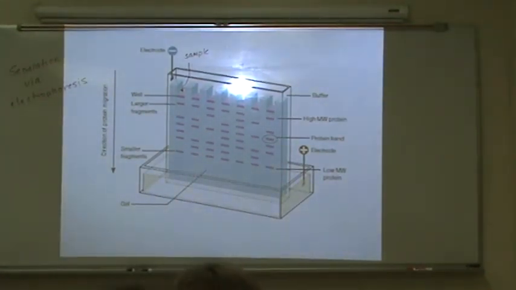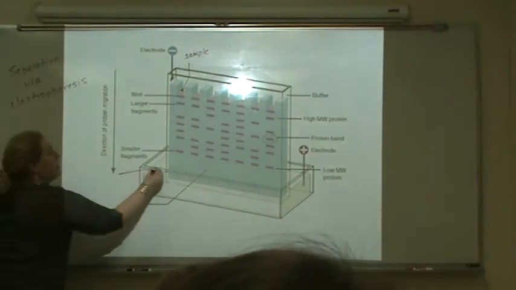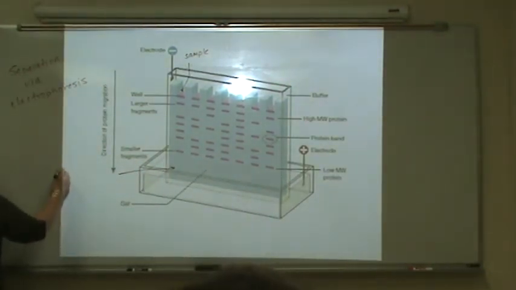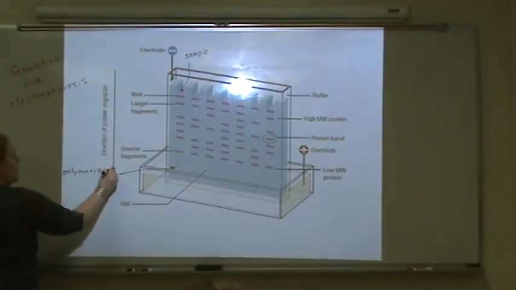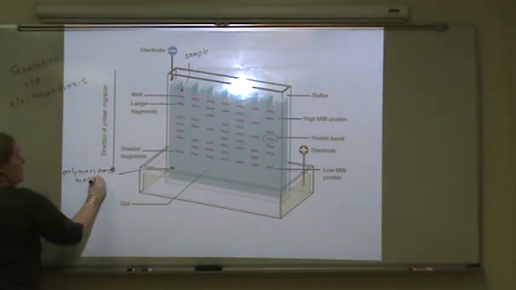So any electrophoresis gel, whether you're using it for DNA or RNA, is made out of some type of polymerized matrix.